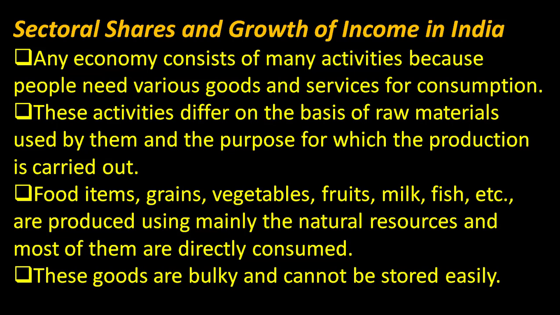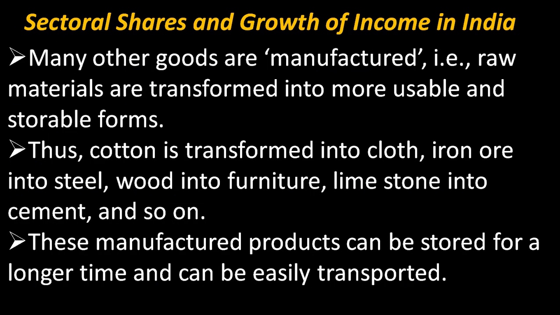These are bulky and cannot be stored easily. So many other goods are manufactured, that is, raw materials are transformed into more usable and storable forms. Thus cotton is transformed into cloth, iron ore into steel, wood into furniture, limestone into cement and so on. These manufactured products can be stored for a longer time and can be easily transported.